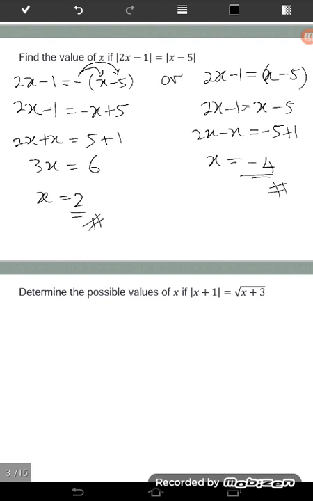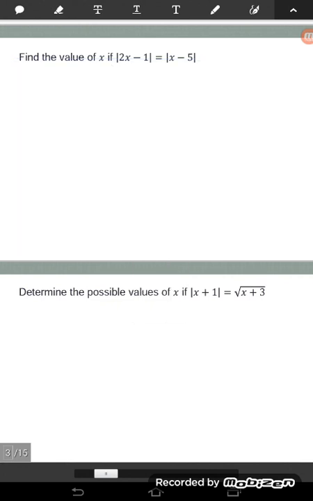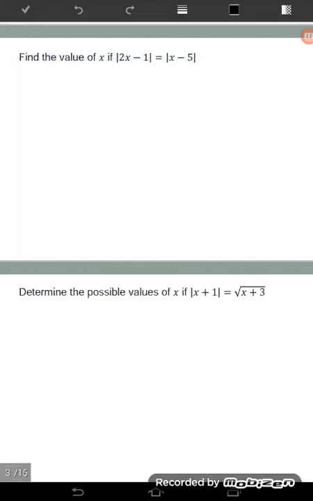Or for this one, you can use method number 2. Okay. So kita tengok try method number 2. So macam mana? Okay, so method number 2 tadi apa definition dia? Modulus A is equal to square root of A square.